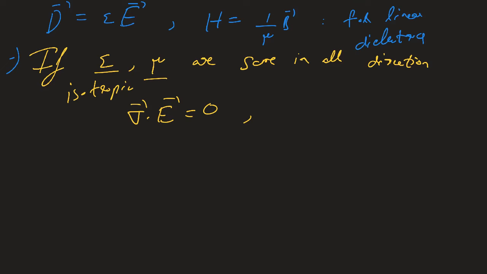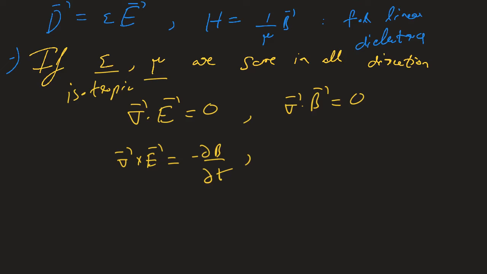Because the right hand side was 0. Similarly, del dot B is of course still 0. Del cross E. Now, if you go back to the last slide, we saw that del cross E is minus partial B by partial T, but this is still minus partial B by partial T, so no difference there.